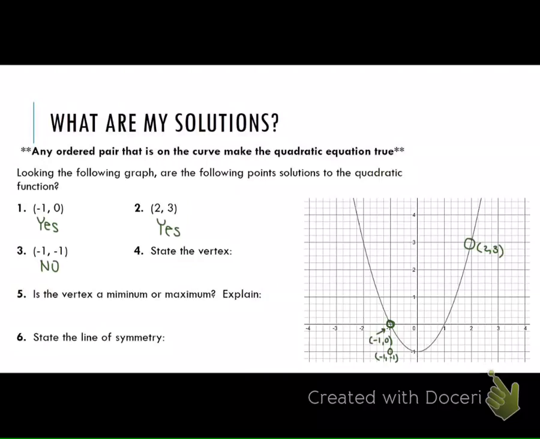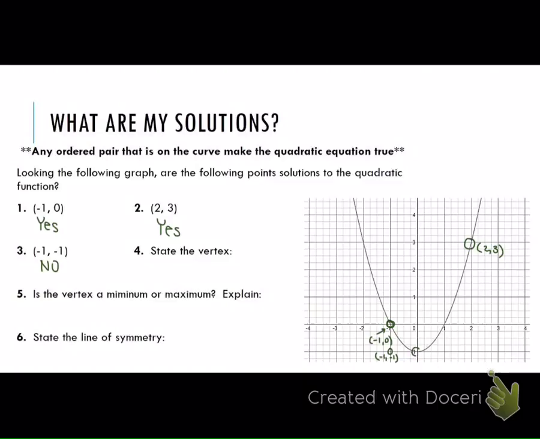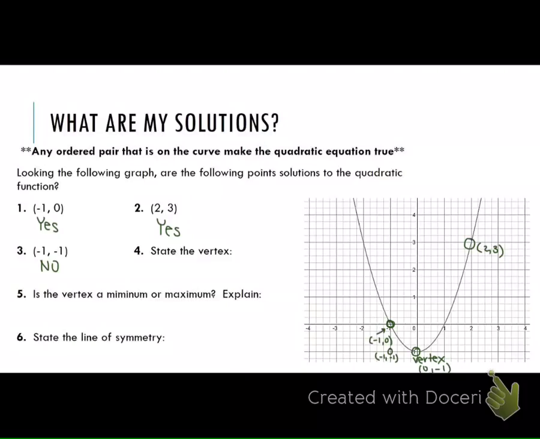Emma, can you tell me what the ordered pair for my vertex is? (0, -1). Good. That is where my symmetry is happening here. It's at (0, -1). It is the point where those two sides come together and meet so that they are symmetrical. Jordan Fields, is this a max or a min?